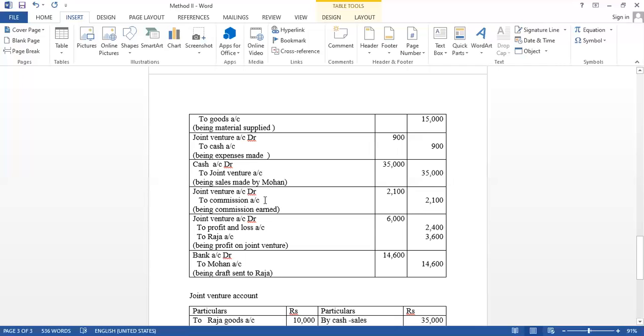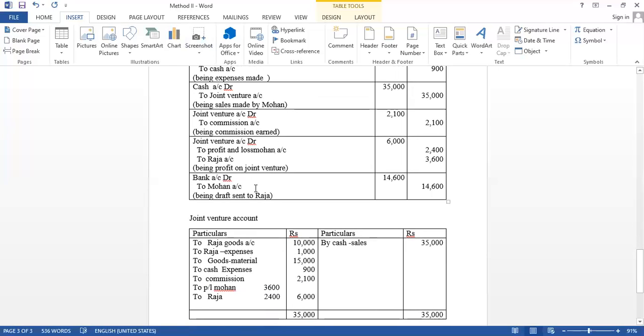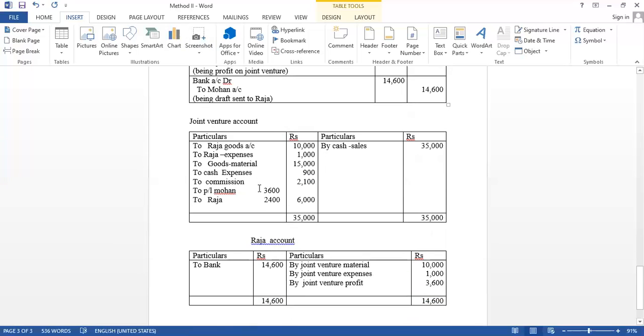Joint venture to commission. Because it is in the books of Mohan, we don't write the name Mohan. Then joint venture account debit to profit or loss, Mohan and Raja. Afterwards, balance: bank account credit to Mohan 14,600.